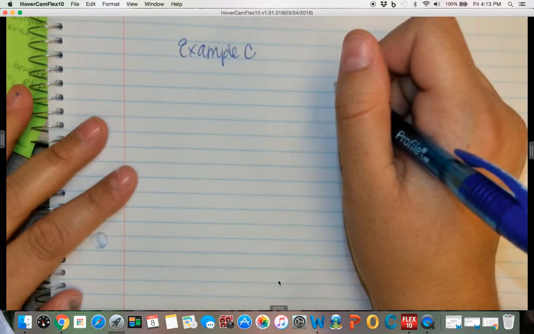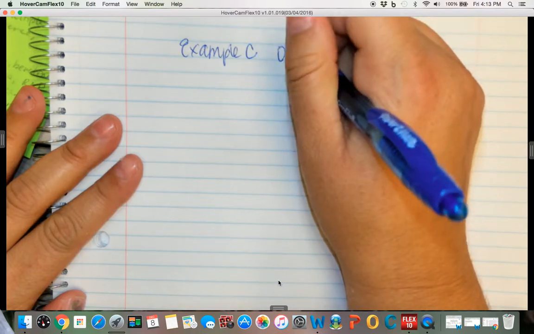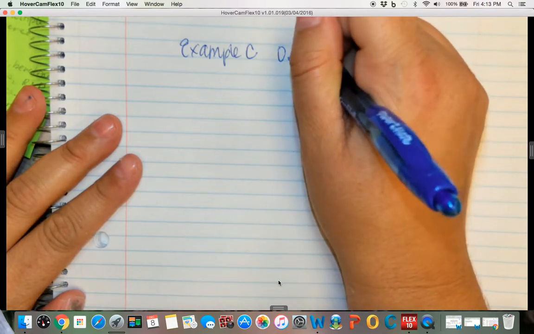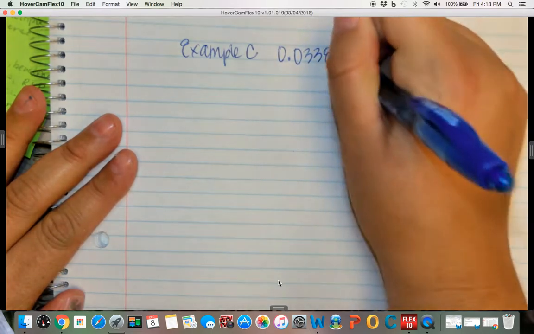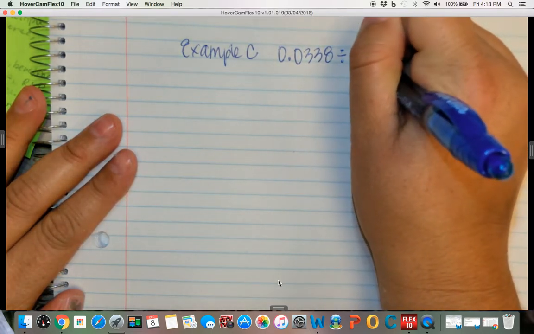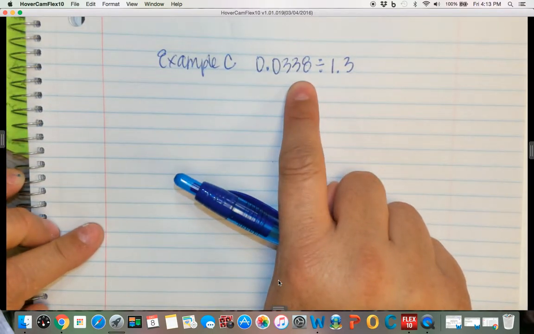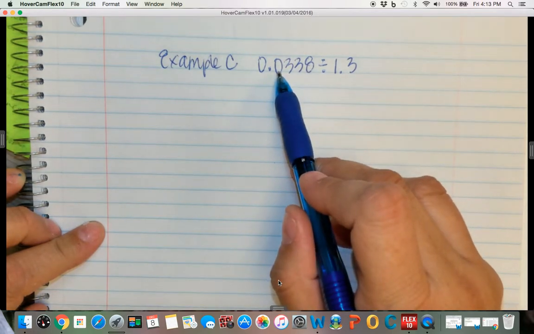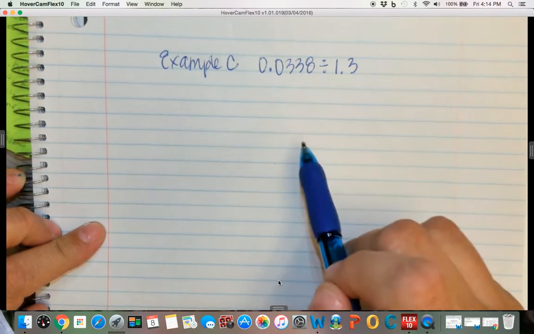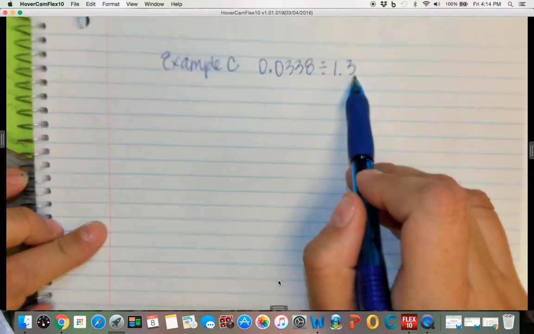I am going to divide 2 decimals that are different places. I'm dividing a really small number because this number is in the 10,000s, tenths, hundreds, thousands, 10,000s, and I'm dividing that by a whole and a tenth.